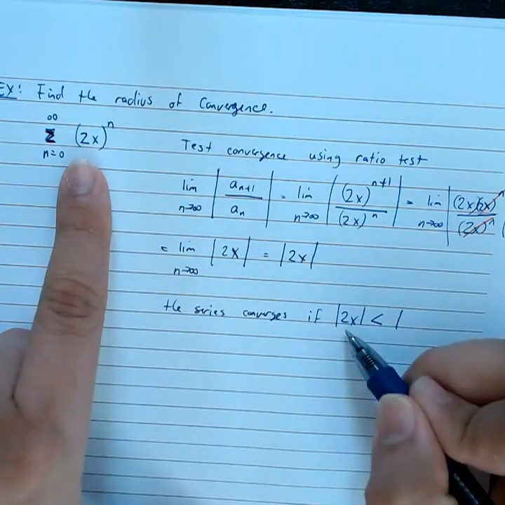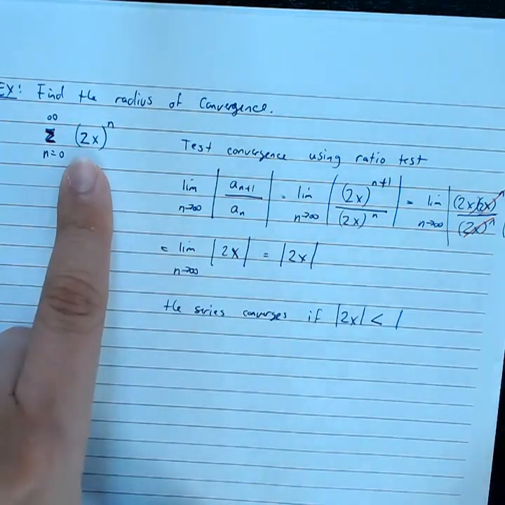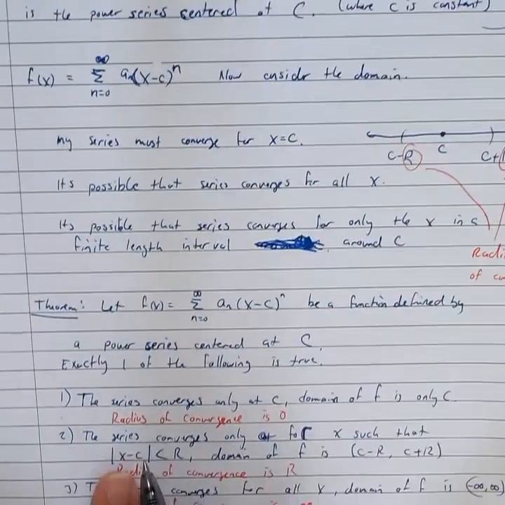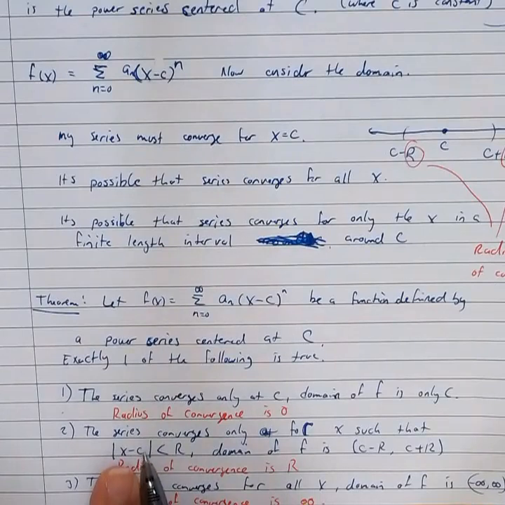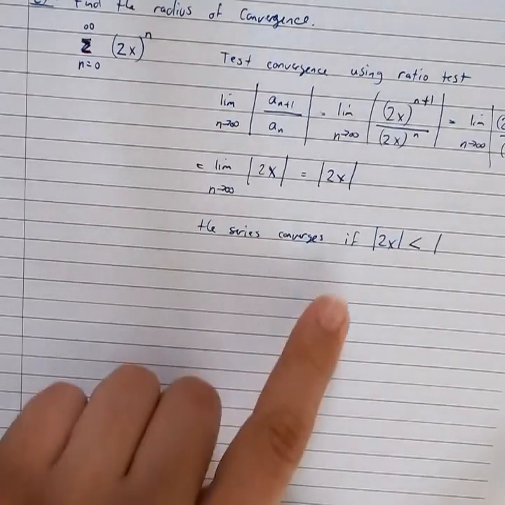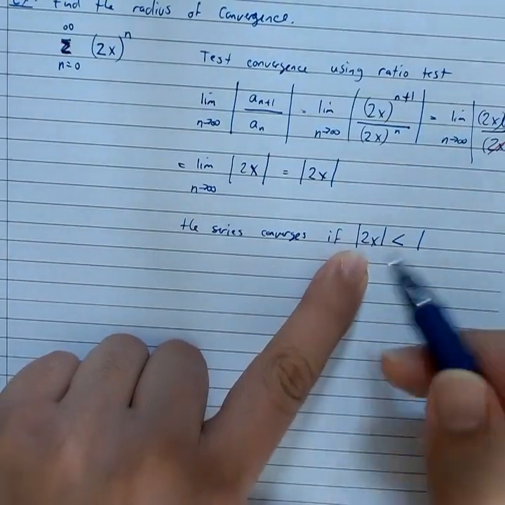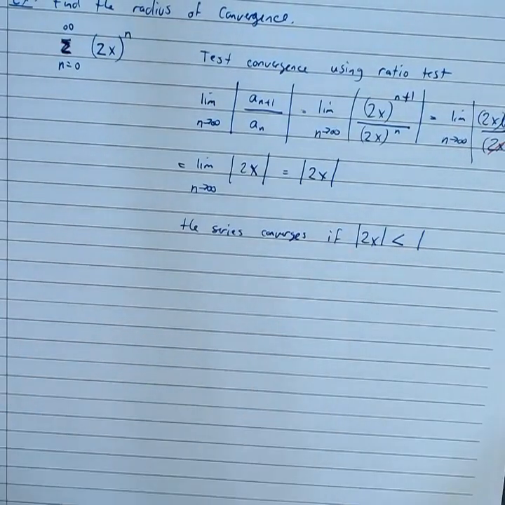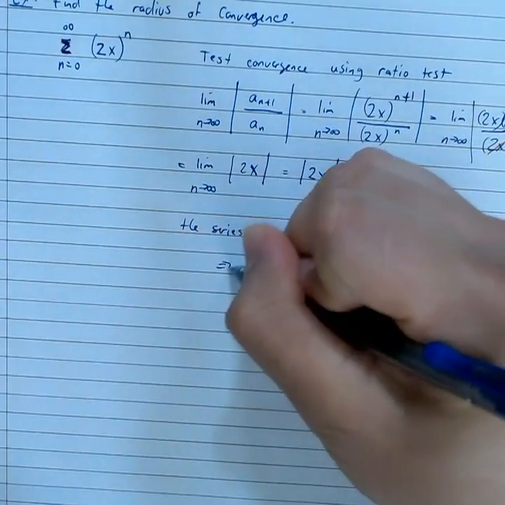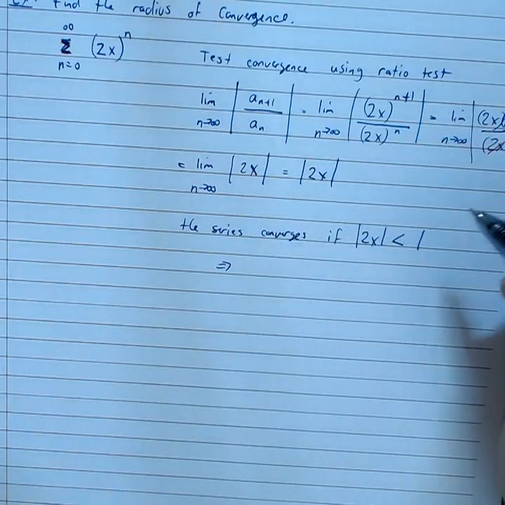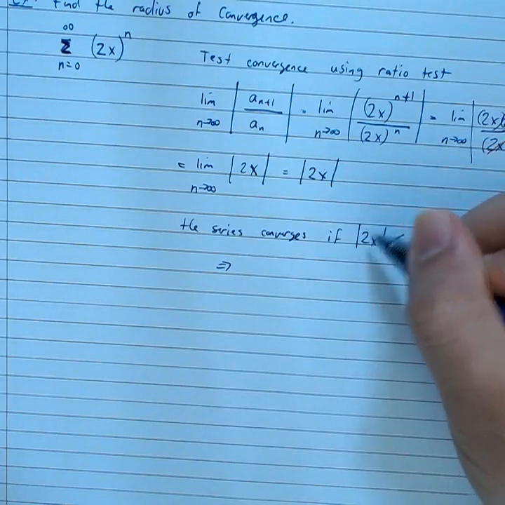But then you say, what about that 2? Isn't that in the way? Well, yeah, that is in the way, because we're just supposed to have x minus a constant. Now, that constant can be 0. We can have a series centered at 0. So here we should have either x, or if you want to think of it as x minus 0, that's fine. But here that 2 is in the way. Okay, 2 is a positive number, so it doesn't need to be inside the absolute values.